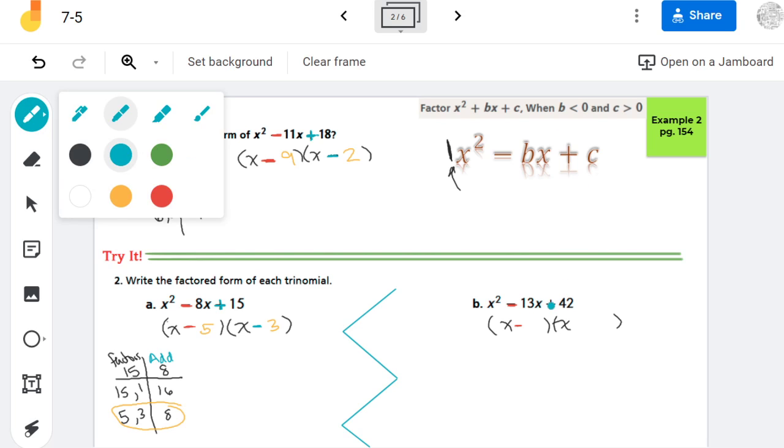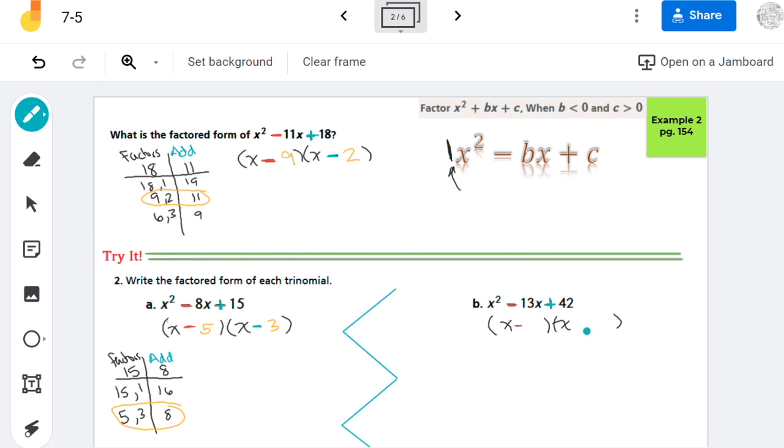Then I look at my second sign, and that tells me two things. It tells me I need to match my parentheses, and it tells me in just a moment I'm going to be adding. So here comes my t-table. I'll be finding the factors of 42 that add to make 13.